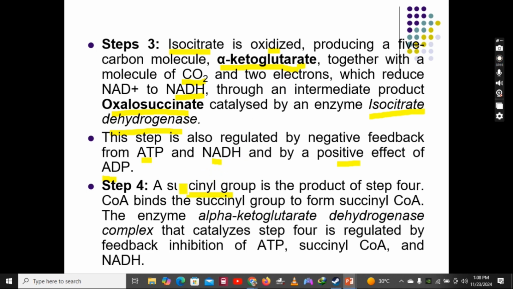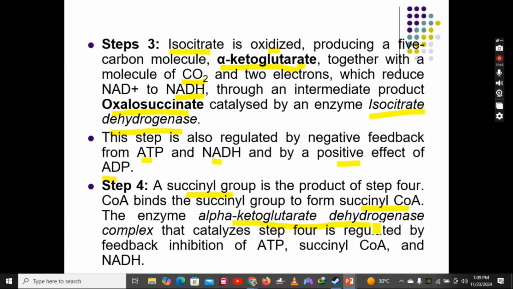Now at step number 4, we have a succinyl group, and the CoA binds to the succinyl group to form succinyl CoA. The enzyme involved in this reaction is alpha ketoglutarate dehydrogenase. This is the enzyme that comes in at step number 4.